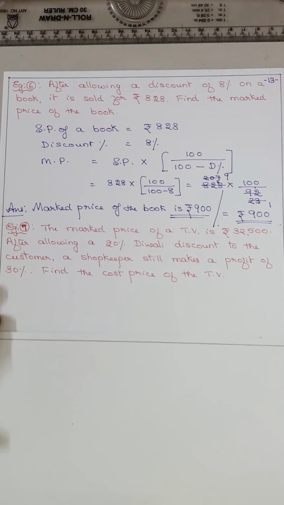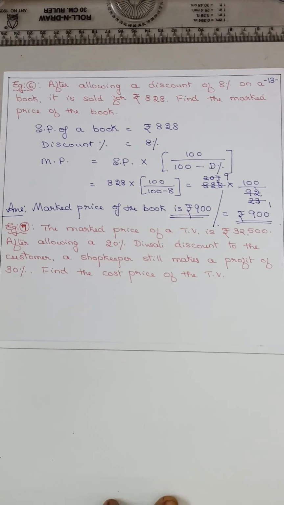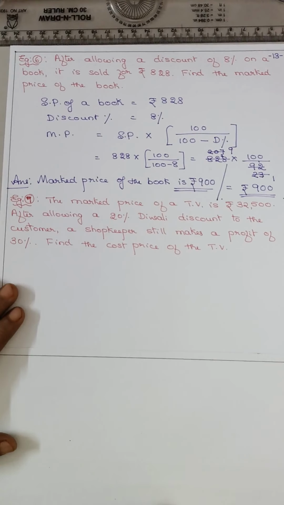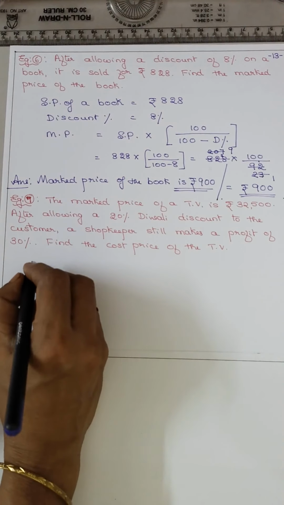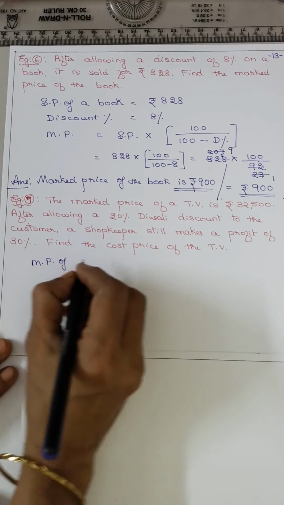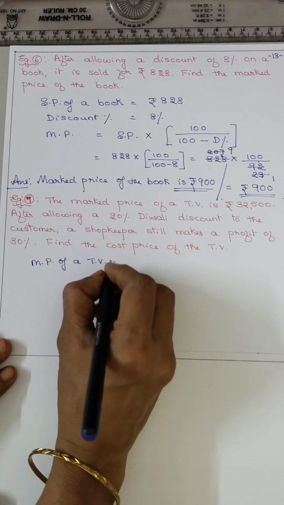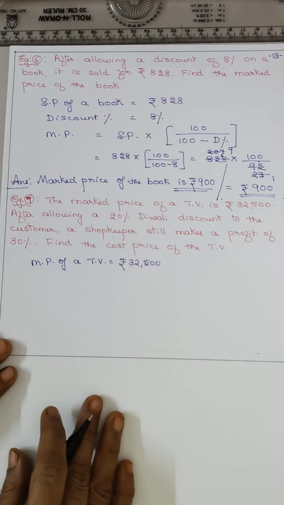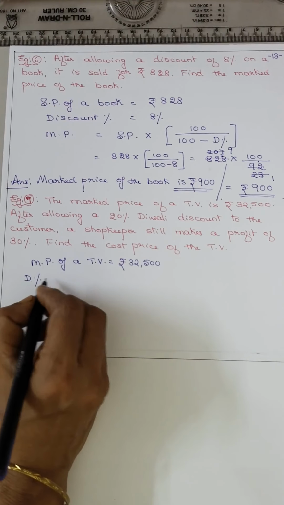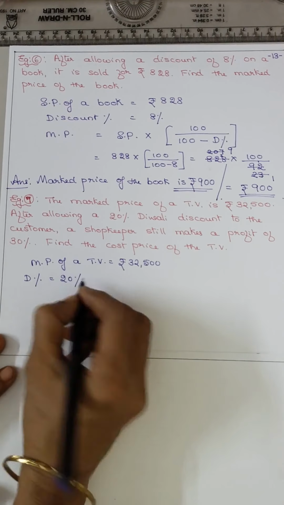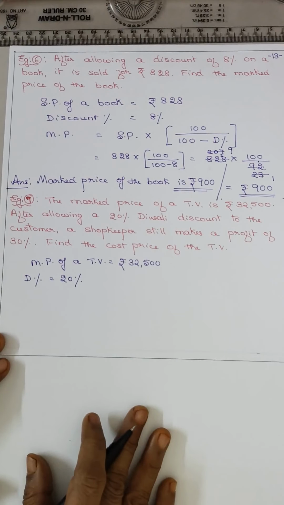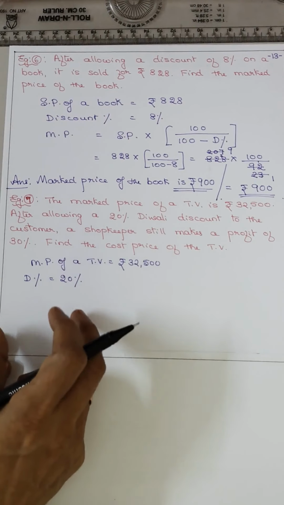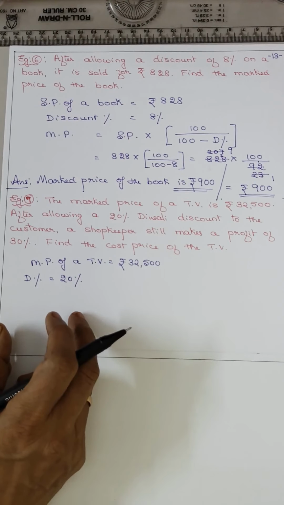Okay. Now coming to example 7. The marked price of a TV is 32,500. Okay, we'll write MP of a TV rupees 32,500. After allowing a discount percent of 20%, a shopkeeper still makes a profit percent. See, MP and discount percent together.